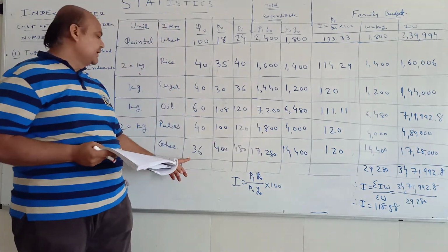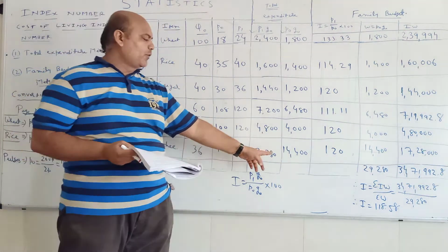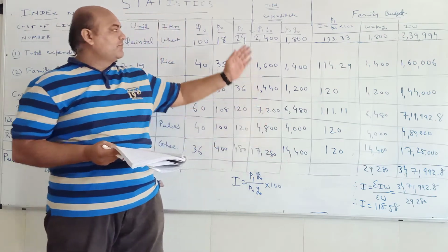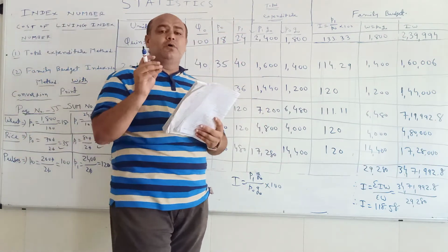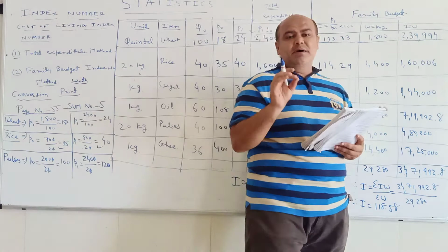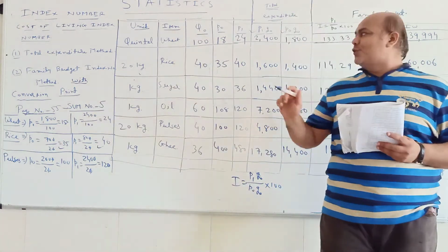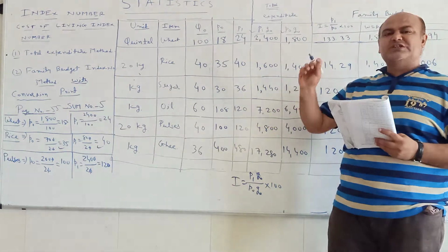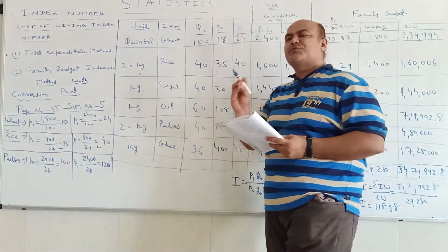And 36 into 400, that is 14,400. After that we have to do the total of this column, that is called sigma P0Q0. Two columns are ready for the total expenditure method or aggregate expenditure method.